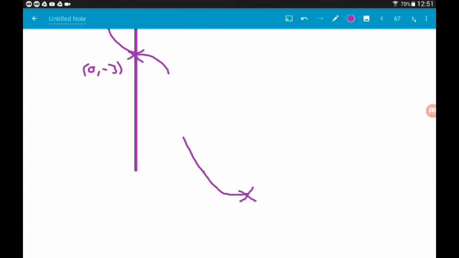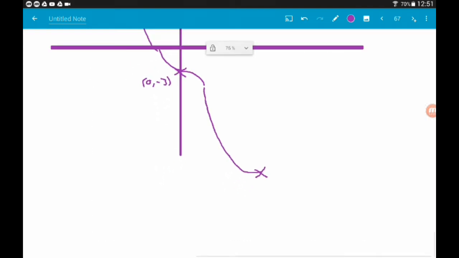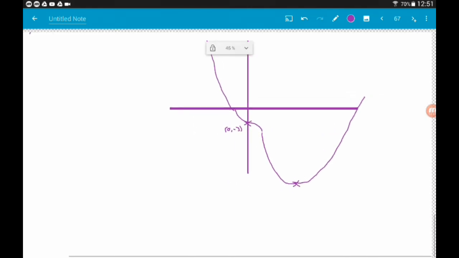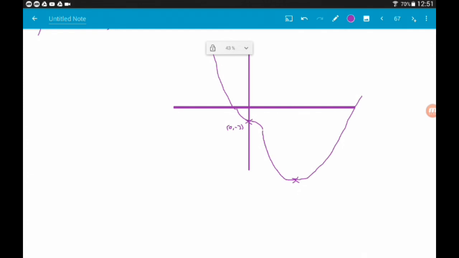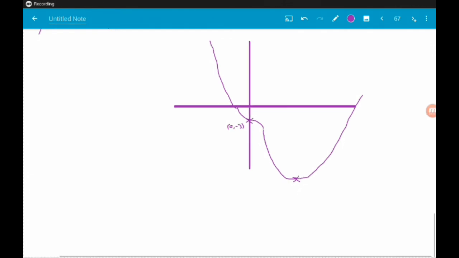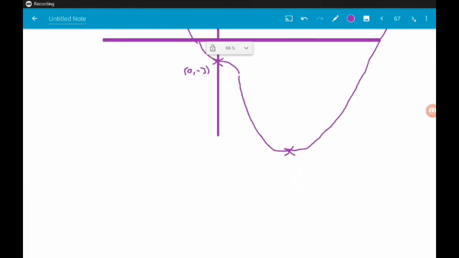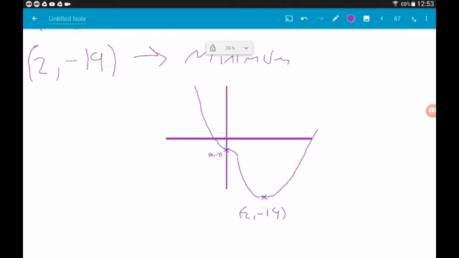So to the left it's going to look something like that, and to the right it's going to shoot on up to infinity and beyond. Make sure you label the stationary point down here. So that's 2 minus 19. There is a sketch of our graph with the stationary points labelled.